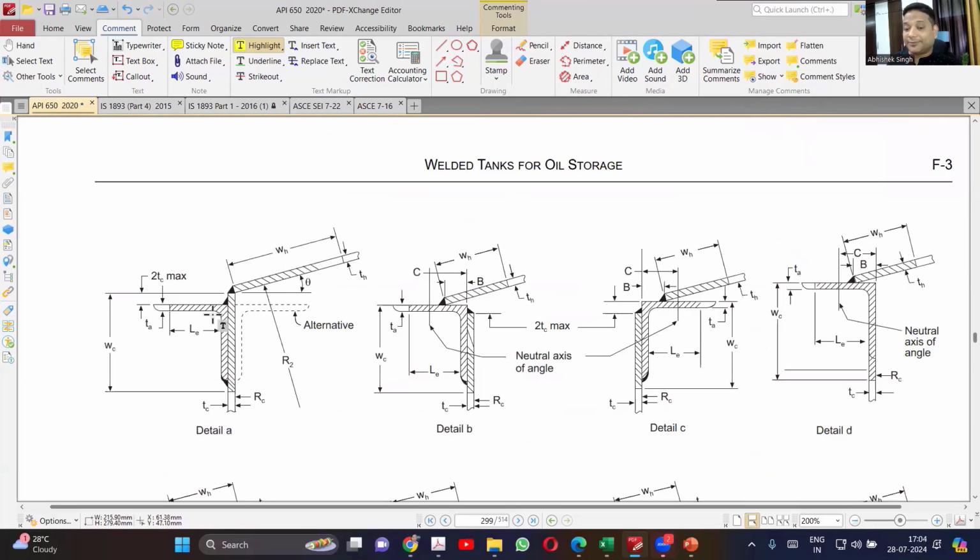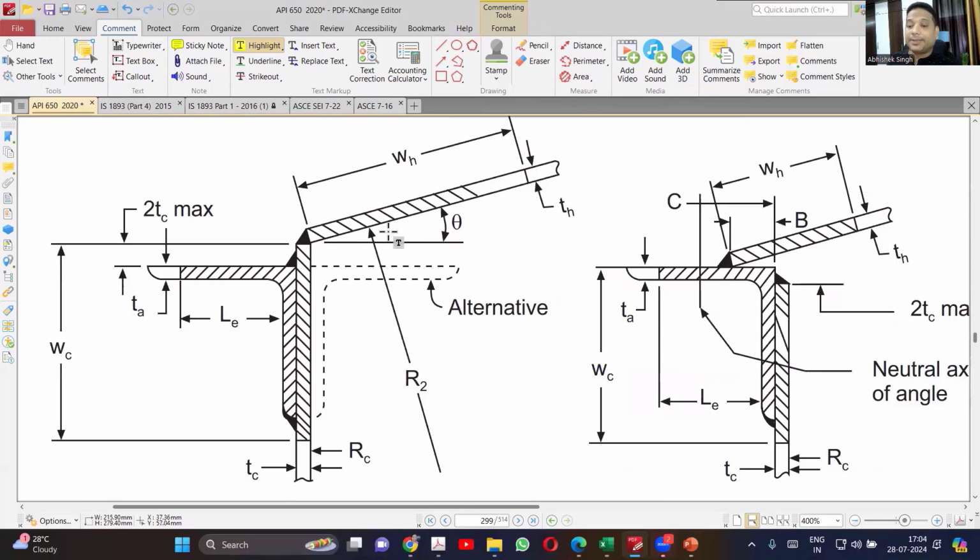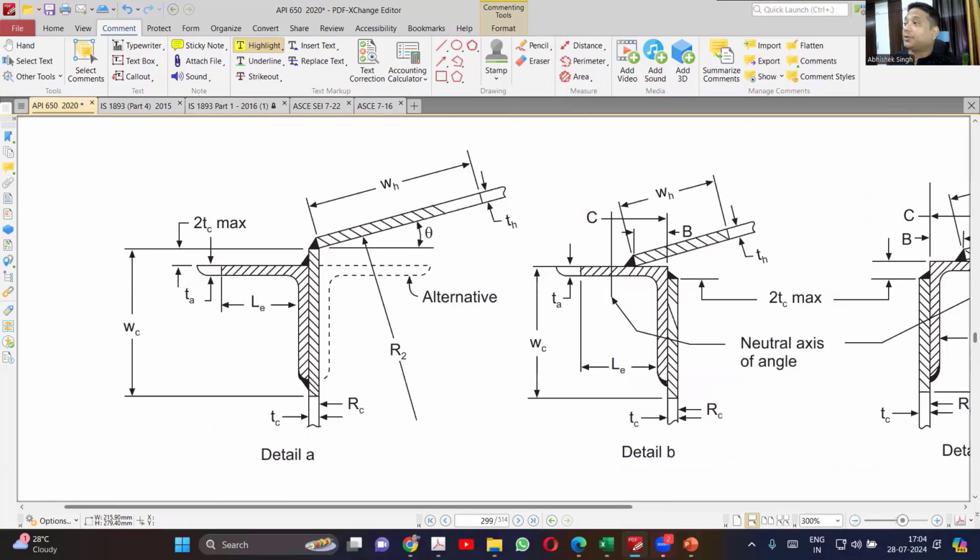For that, you can see this figure. If your tank construction is like this, then first you'll be calculating the WH. WH multiplied by TH will give you the area in the roof. Now the question will be how I'll get WH.